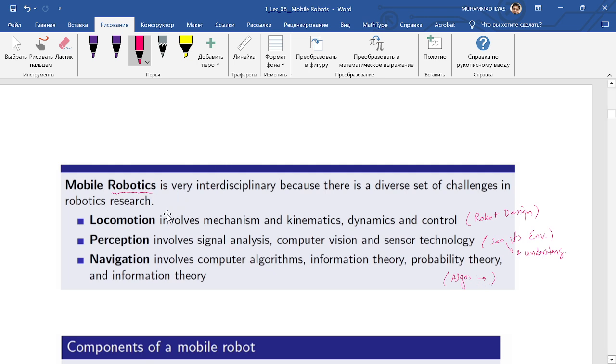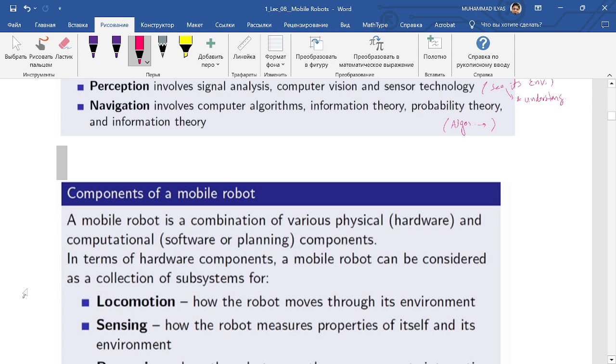Mobile robotics is a very multidisciplinary area, and it is growing rapidly, especially with the advent of AI. AI and mobile robots are merging together to produce intelligent robots nowadays.